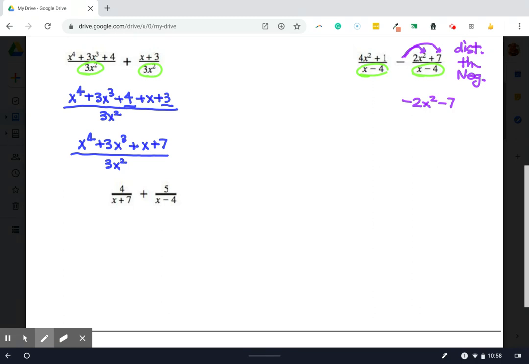So if we apply that idea to our second example over here, knowing that we've done the distributing of the negative here has given it so that we can now think about it as an addition problem. And again, we just are looking for what are our like terms. So I'm going to put these all into one fraction.